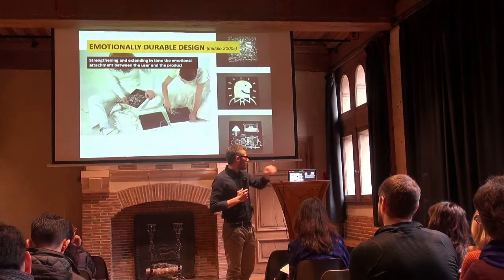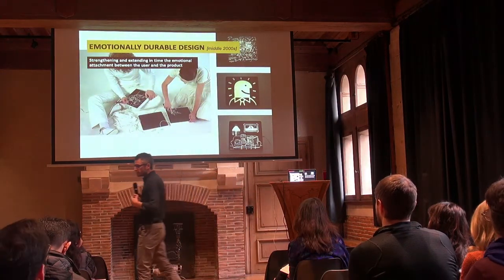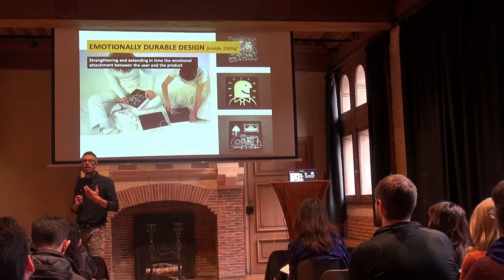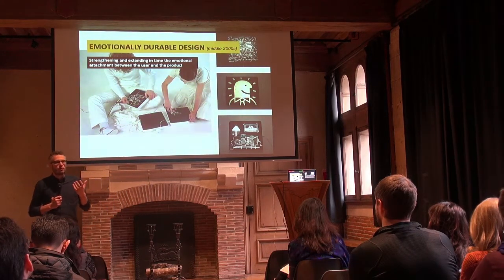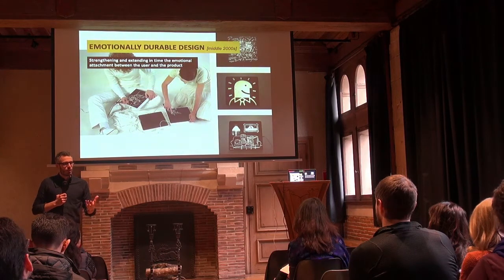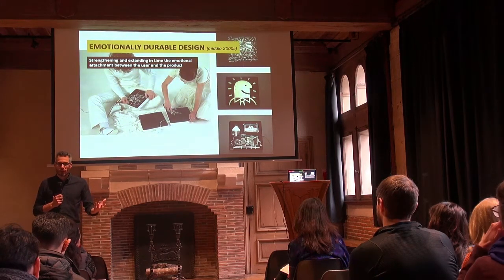So that's why in the middle of the 2000s, some design researchers started to explore this aspect, started to look into the emotional attachment between products and users, started to investigate the factors that can have an influence on that.